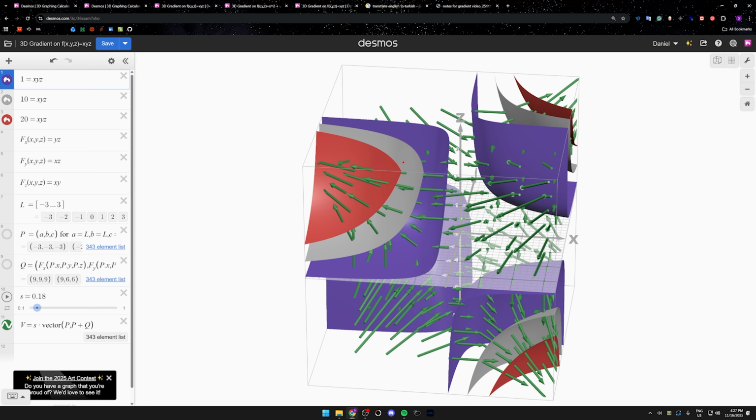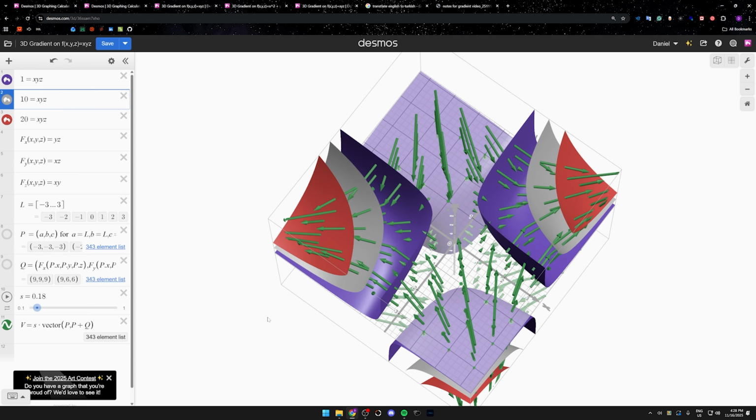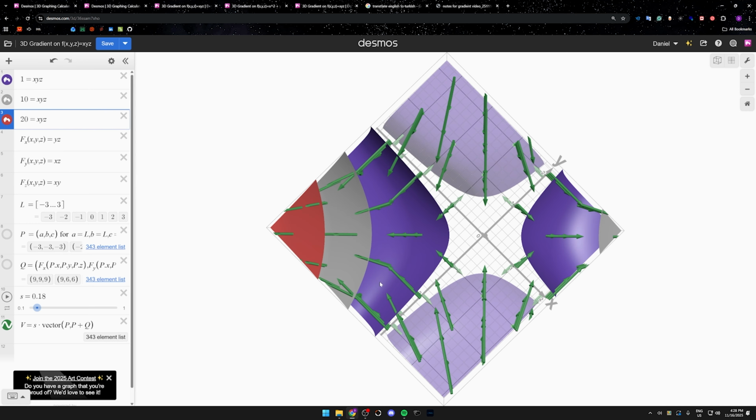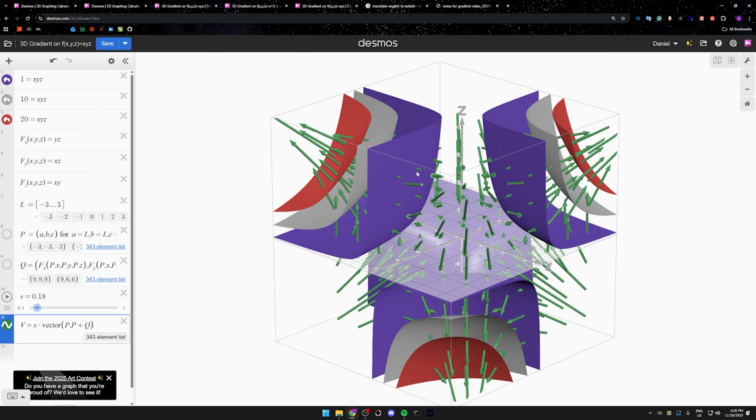Let's look at only here. So as you can see, pointing from a lower level surface to a higher level surface, and this is pointing to this one. As you can see, the vector field, the gradient, is going from lower surface level to a higher surface level.